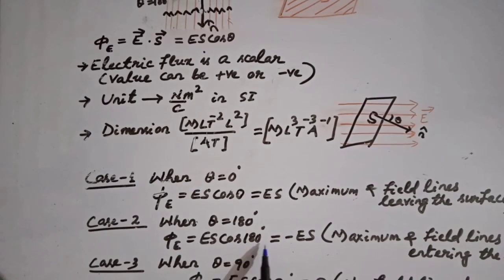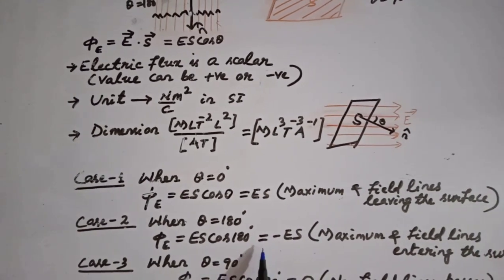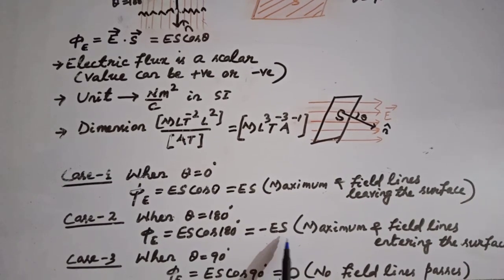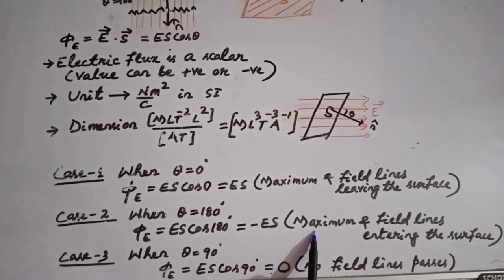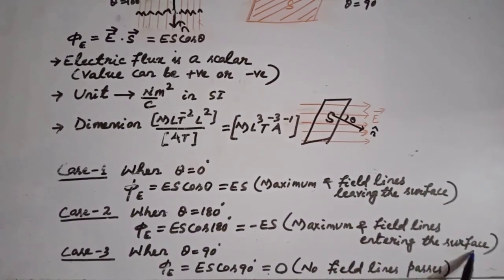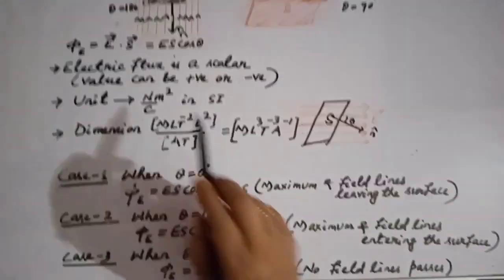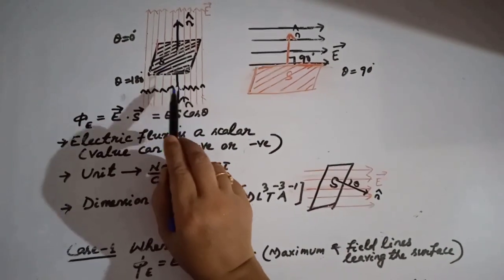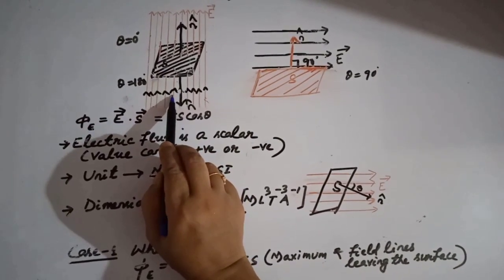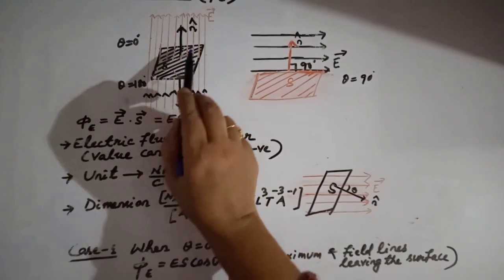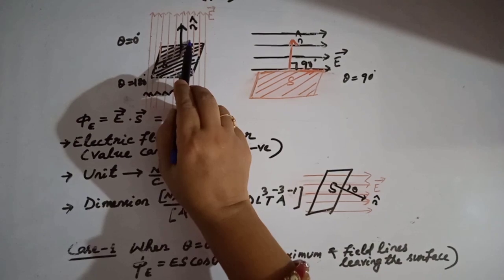Cos 180 is equal to minus 1, so it is equal to minus Es. That is, the flux value is again maximum, but the field lines are entering the surface. For this side flux is entering, so flux is negative. For the upper side flux is leaving the surface, so flux is positive.